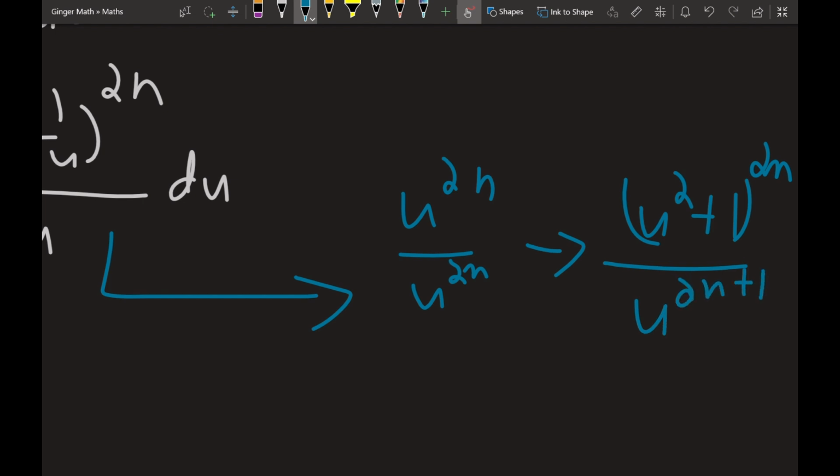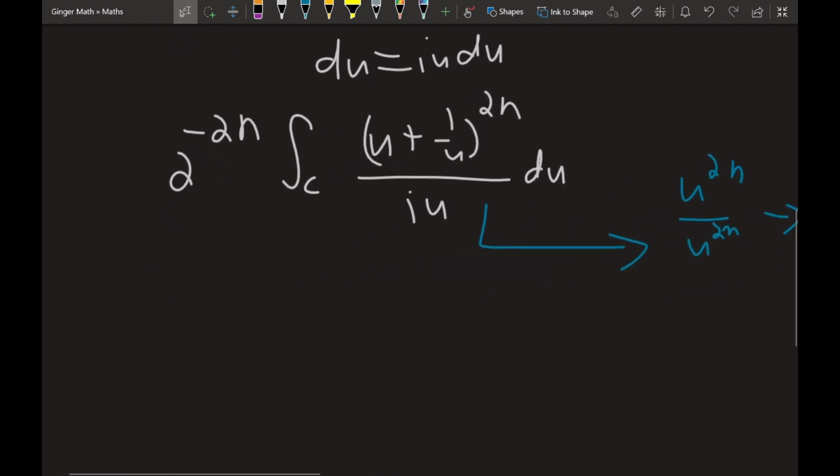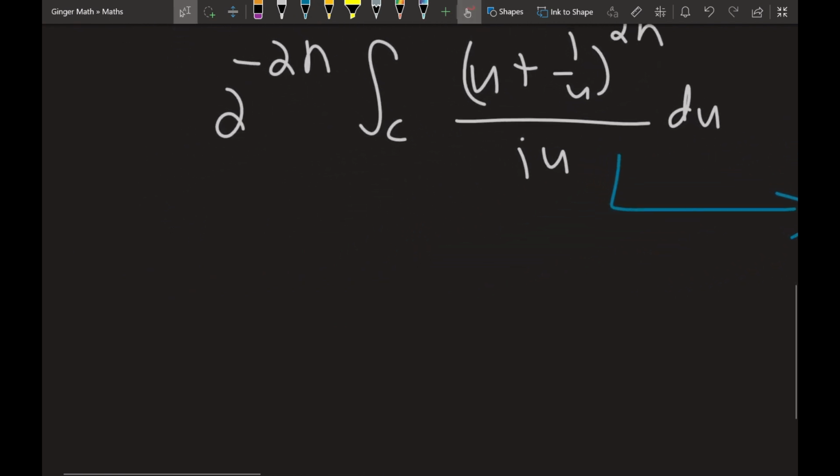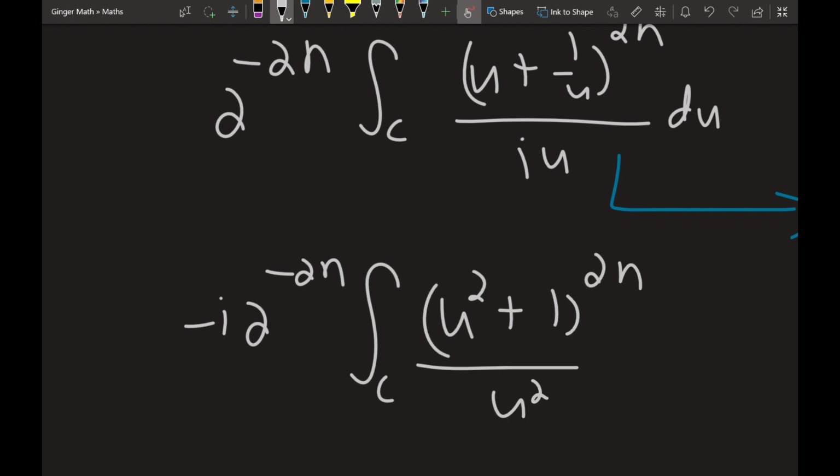And I'm just going to throw the i out of the integral. It's just going to make things a little bit simpler. So we're going to have negative i 2 to the negative 2n, integral over C still of u squared plus 1 to the 2n all over u to the 2n plus 1 du.